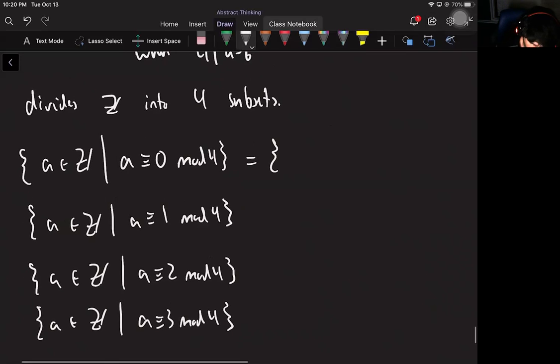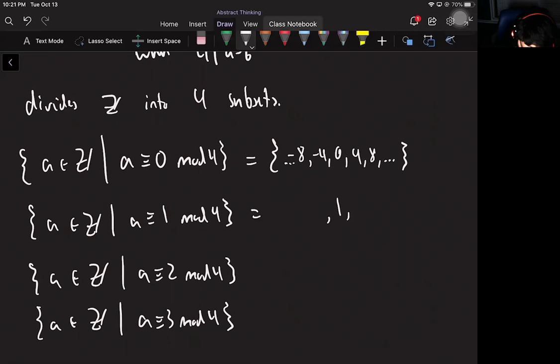So those are all the other multiples of 4. And then this one is saying list all the guys that are related to 1 by that relation. So that would be 5 and 9, just by adding 4s and subtracting 4s. You get all of them. And now all the guys related to 2, mod 4, aka all the guys related to 2.